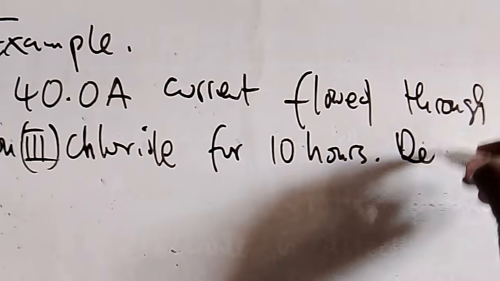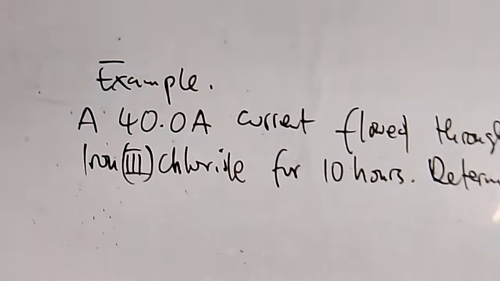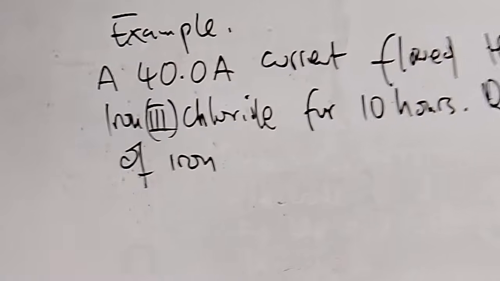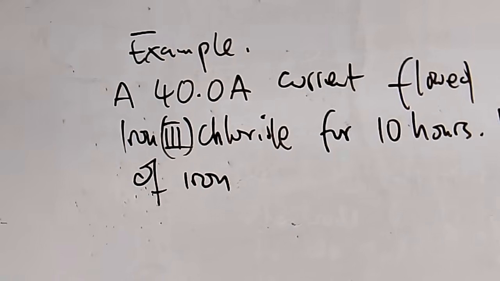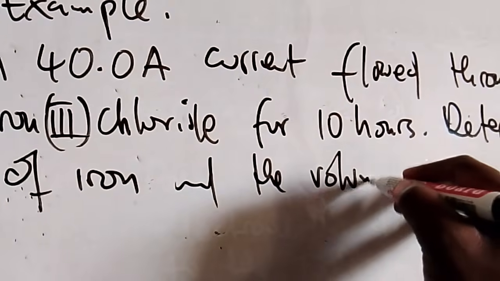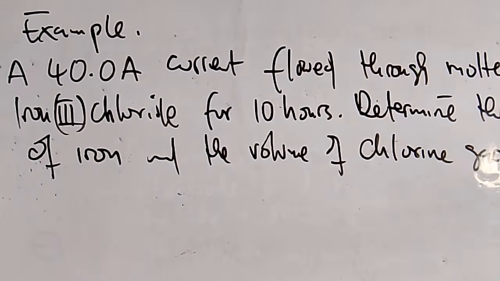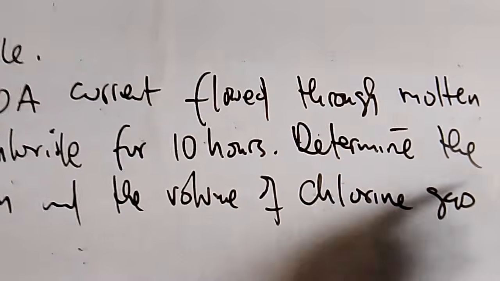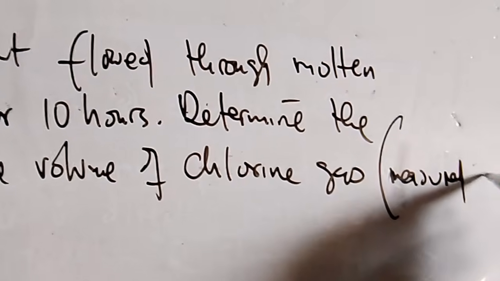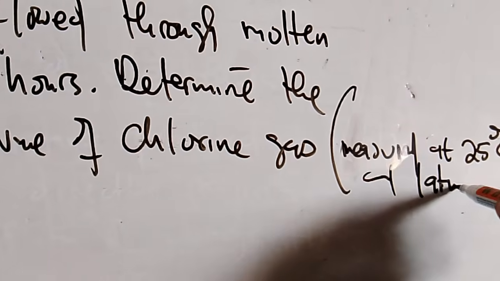So determine the mass of iron and the volume of chlorine gas measured at 25 degrees Celsius and 1 atm.